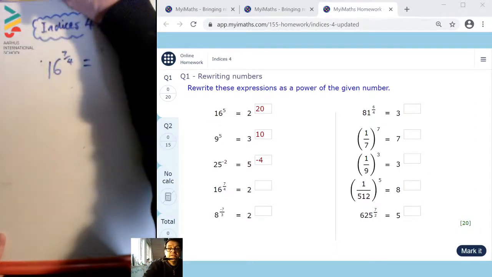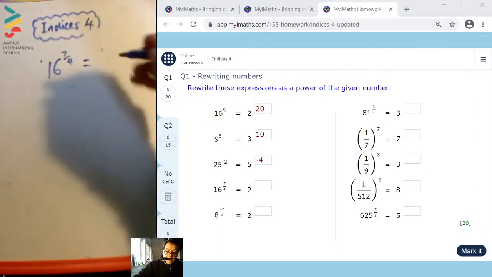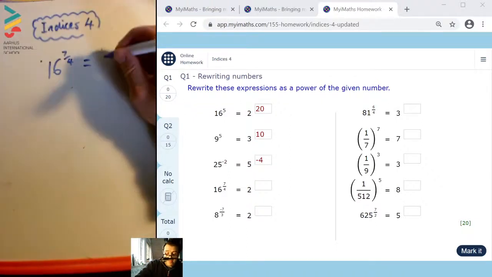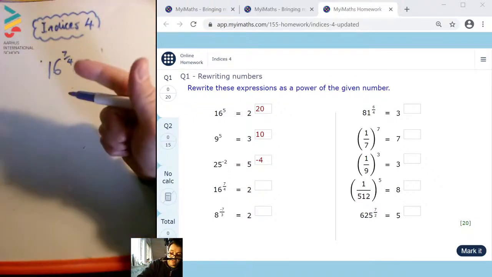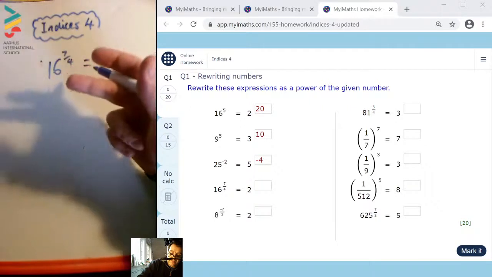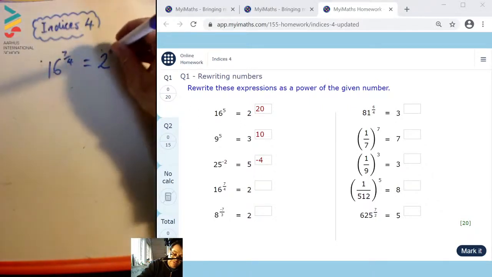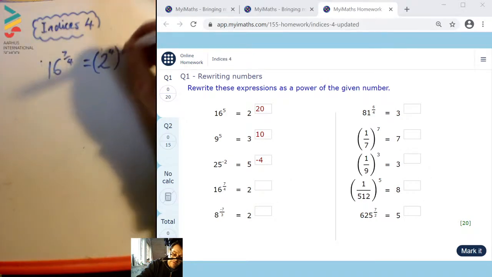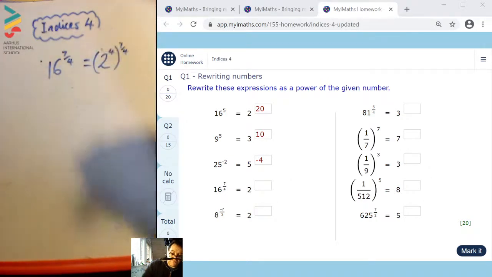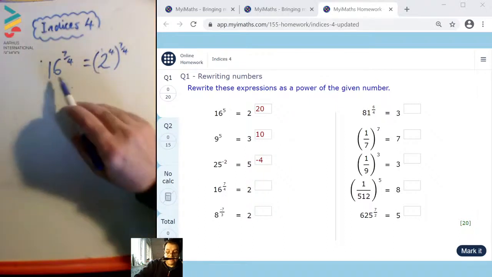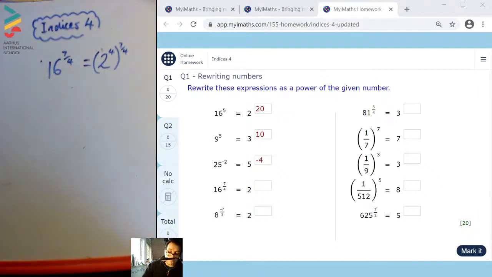It says here 2 to the power of something, and again I notice that 16 is a power of 2. 2 times 2 makes 4, times 2 makes 8, times 2 makes 16, so that's the same as 2 to the power of 4 to the power of 7 over 4. I'm just replacing the 16 with 2 to the power of 4.